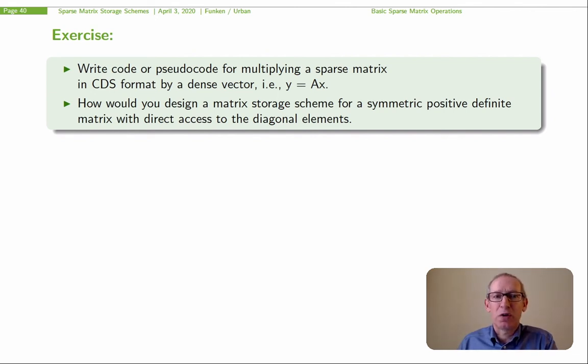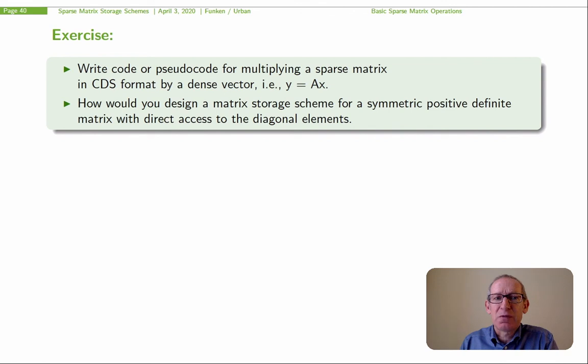Write a code or pseudocode for multiplying a sparse matrix, let's say in one of these formats, just take a simple one, the compressed diagonal storage format, by a dense vector, to get a feeling for how complicated it is and what the mousetraps are.